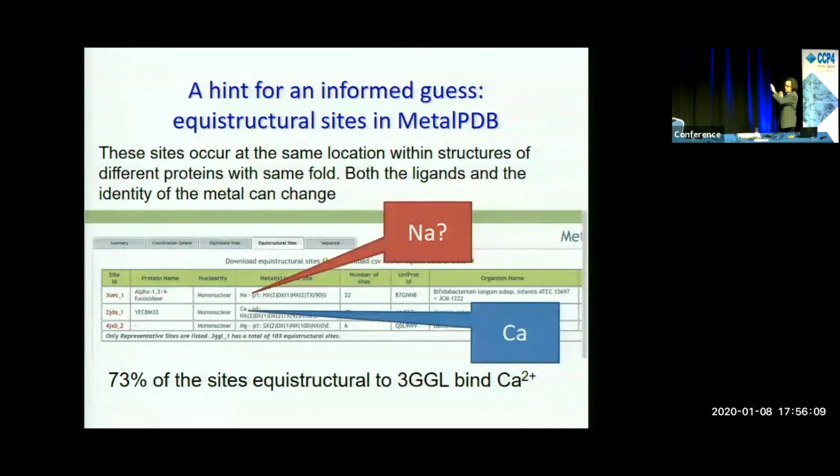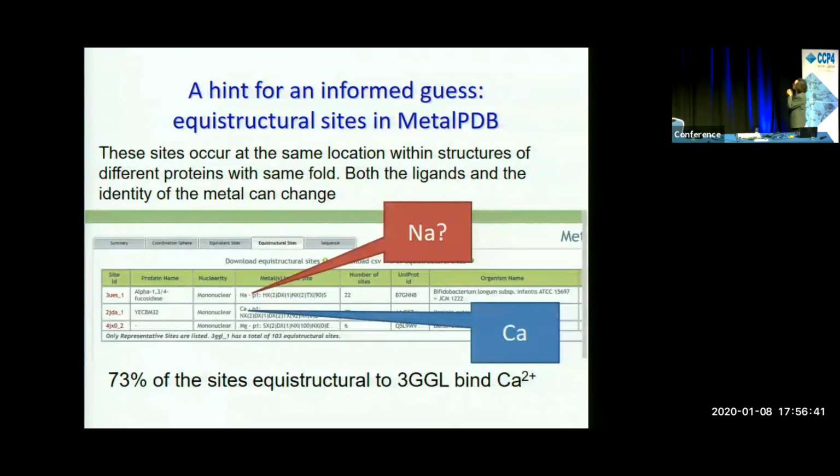So if you do this analysis for that protein family, you actually find besides 3GGL no other zinc binding structures, but you don't find manganese binding structures either. And actually, the majority, nearly 3/4 of the sites that occur in the same fold at the same position are binding calcium in their binding sites.